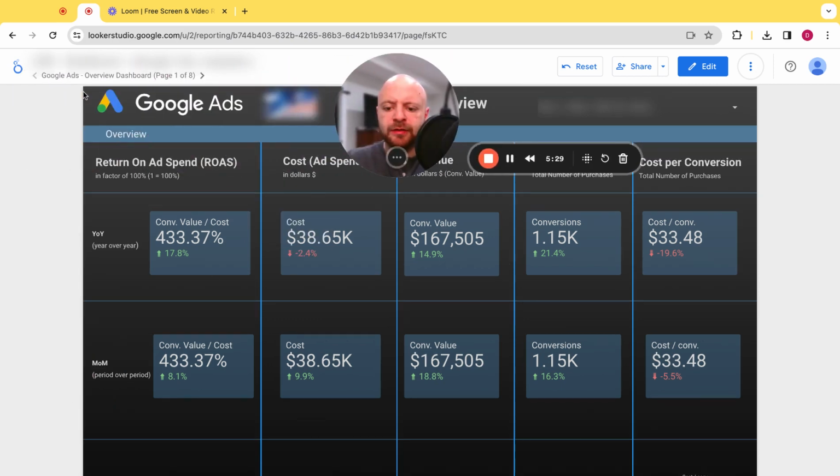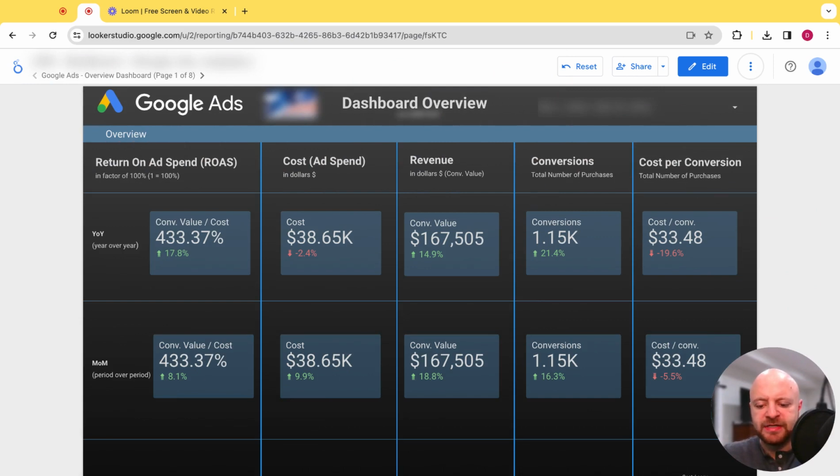So let's read it. I start, trying to get my face out of the way. There we go. I start from left to right typically. And if you notice, I love tables because they just make a lot of sense. And I don't want to put too much information on the executive summary slide. I think this is actually a bit much, but all these metrics are pretty important to know. So usually I like to go with 2 or 3, but in this case we have 5, which is fine.